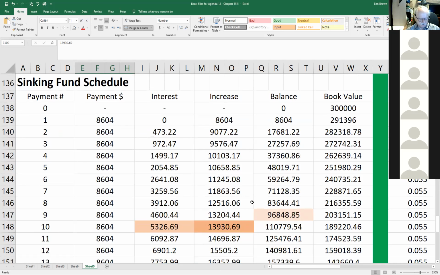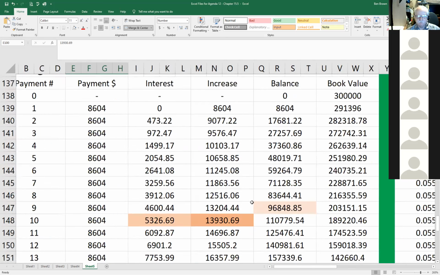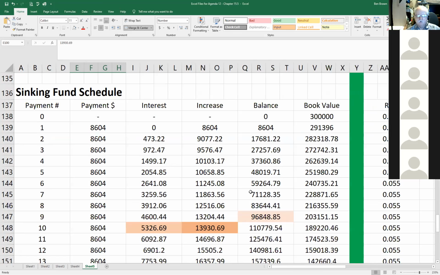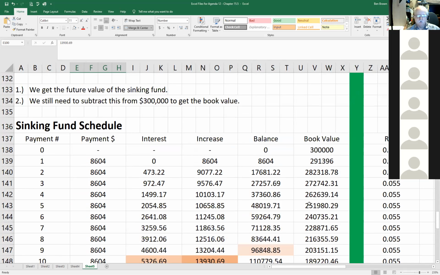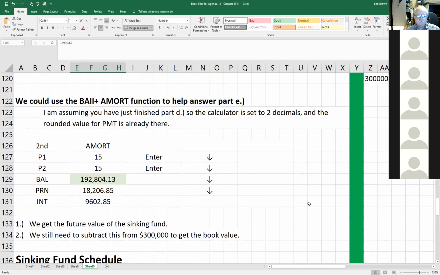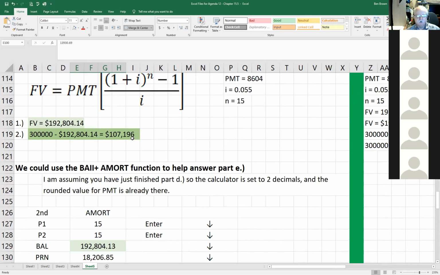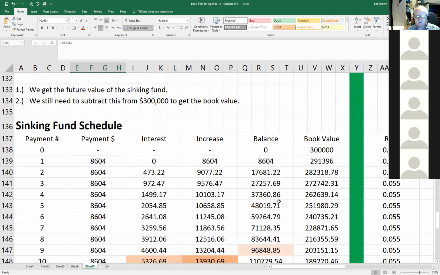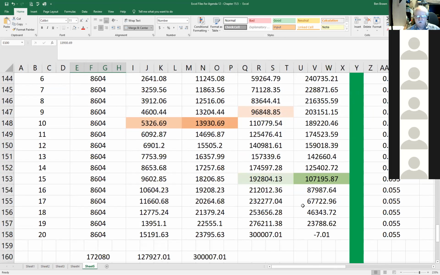If we create the sinking fund schedule, which is an amortization schedule, one of the columns is in fact the book value. So this number here, that was the book value, the 107,196. We should see this in here for 15 payments, and there it is, 107,195.87.